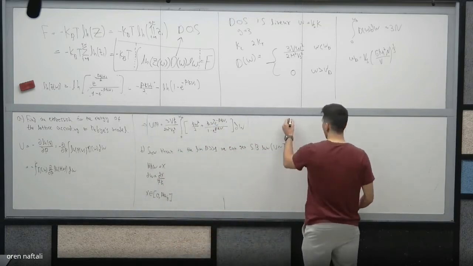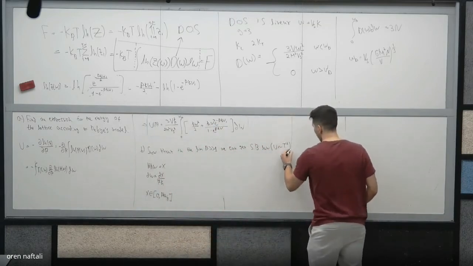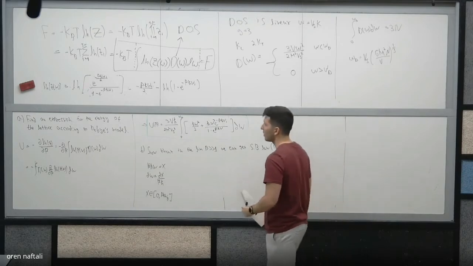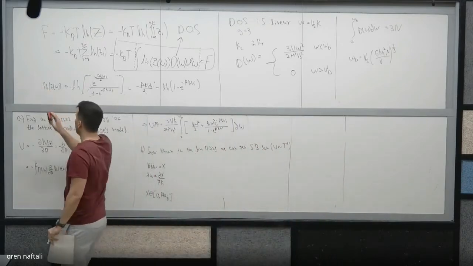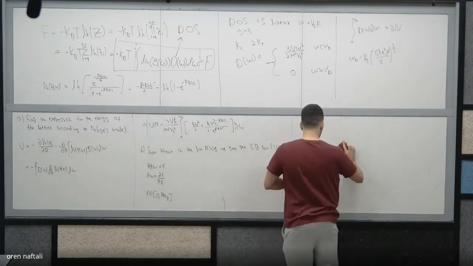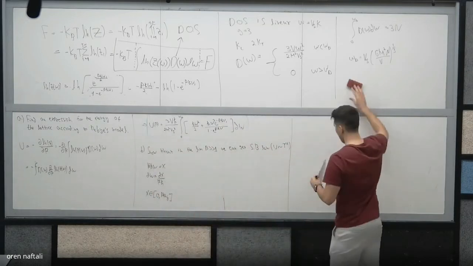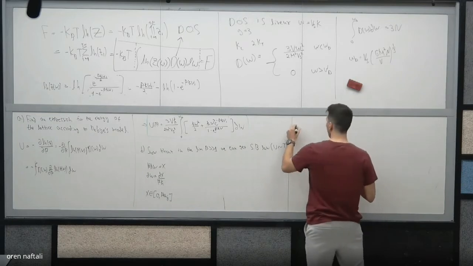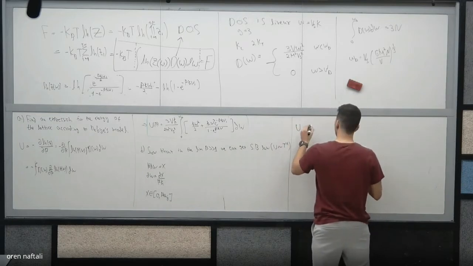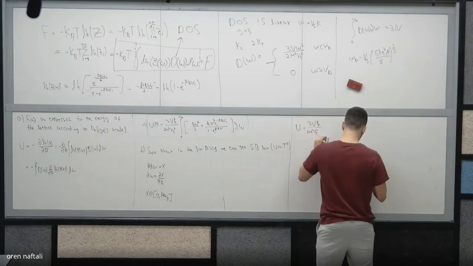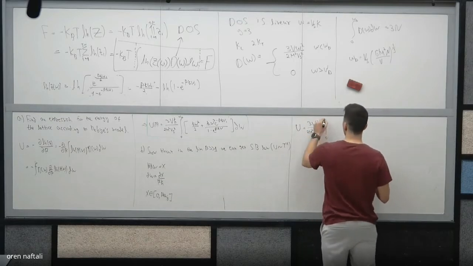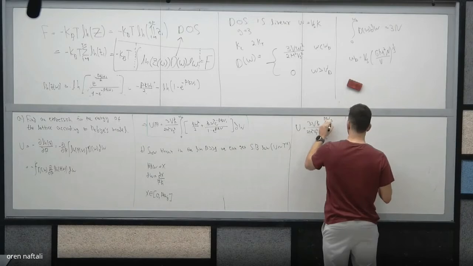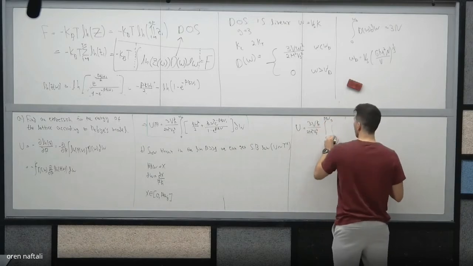And let's write this. Now u is 3 v h bar over 2 pi squared v cubed, integral from 0 to pi.